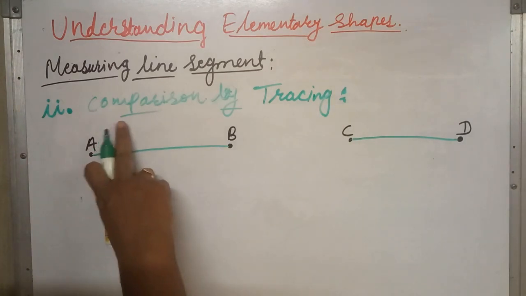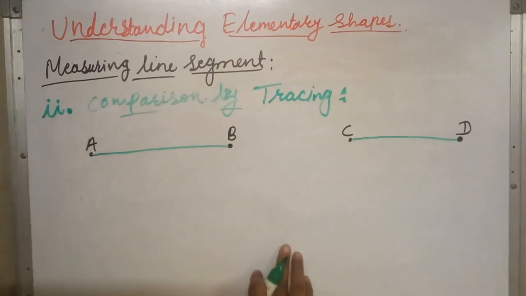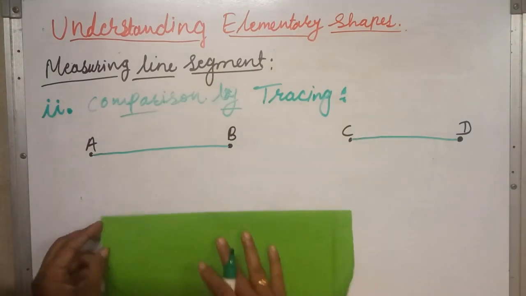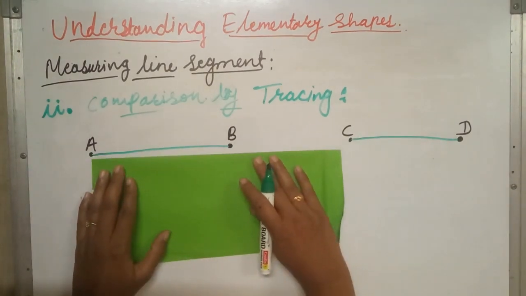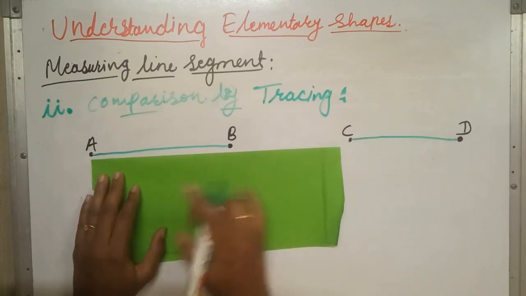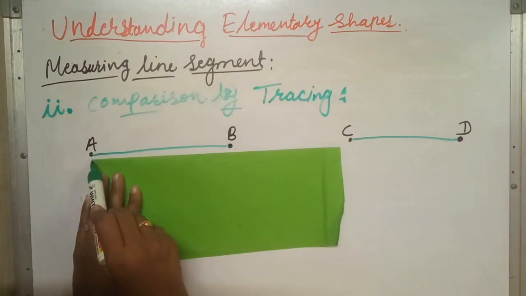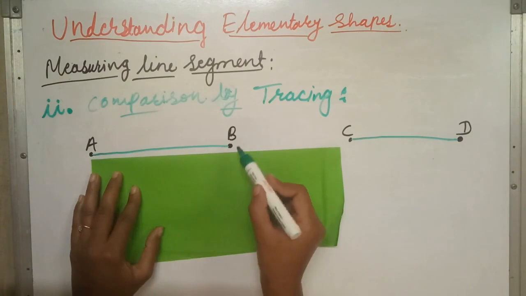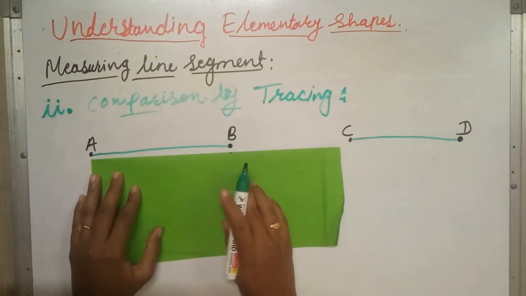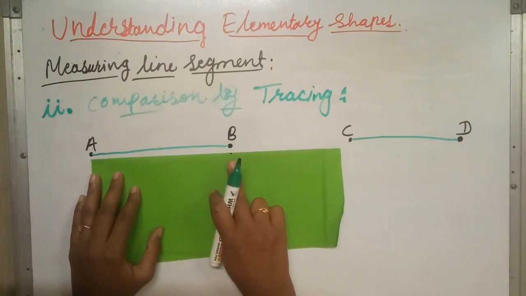Now we are looking at comparison by tracing. For that, take a paper and look here. Here is point A at the starting of the paper, and here is point B. I have marked this dot here.